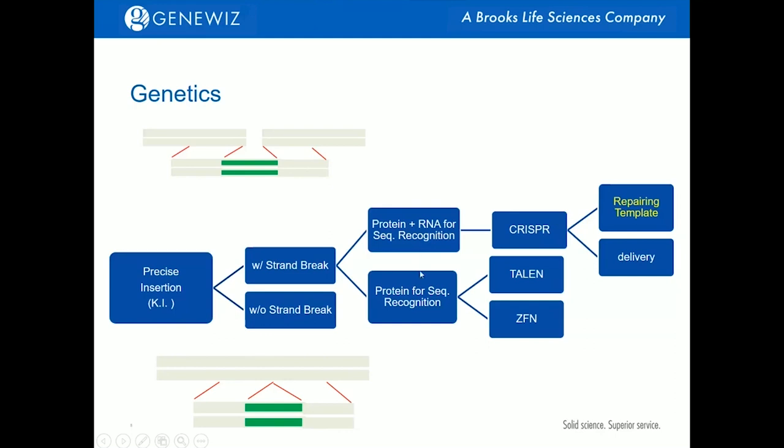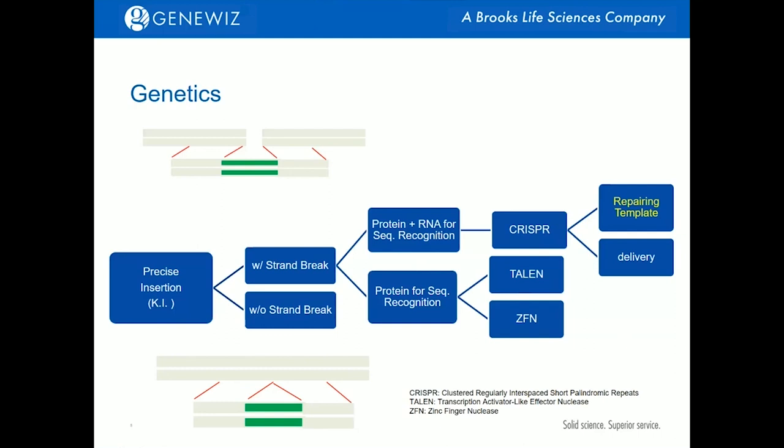The next decision to make is how to precisely generate a break on the targeted region. Some proteins, such as TALEN or zinc finger, have programmable protein modules that recognize a given sequence. However, the relationship between protein modules and nucleotides is not as straightforward, which limits the application.